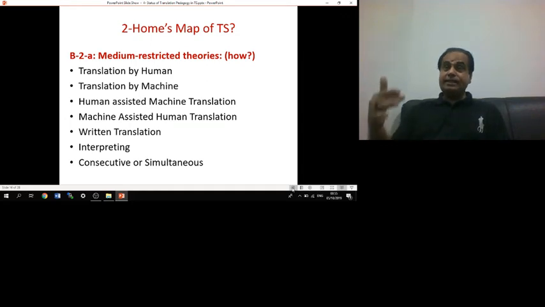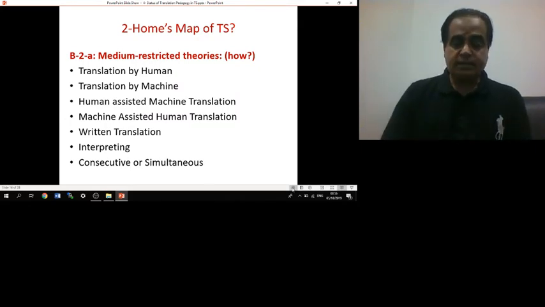But all these details are so important to understand. So give full attention to these details, with this warning that we are studying all this for the purpose of understanding the status of translation pedagogy in the area of translation studies.